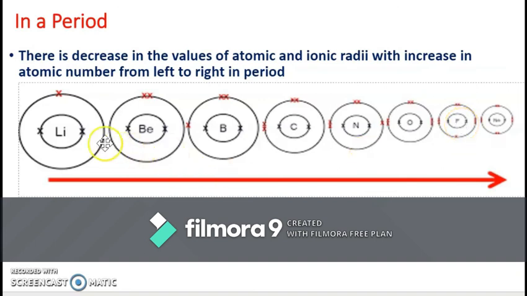That's why size decreases as we move from left to right. Here lithium, beryllium, boron, carbon, nitrogen, oxygen, fluorine. The extra electrons are added in the same shell.